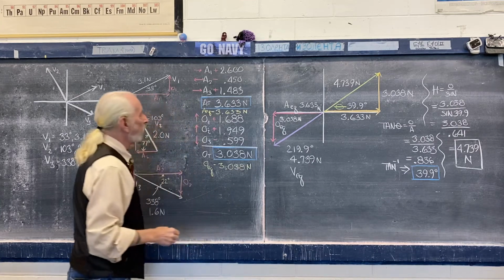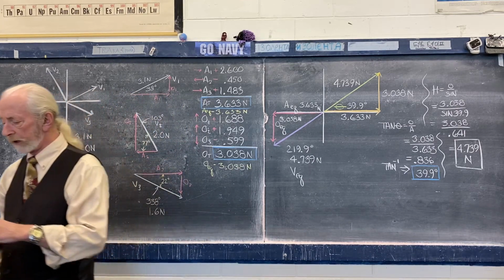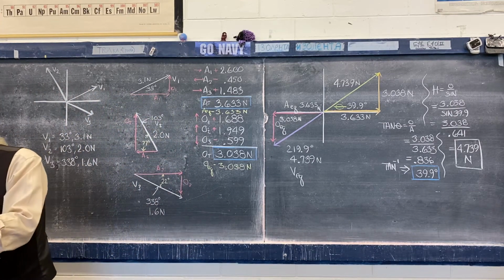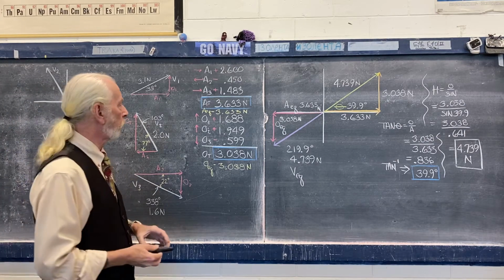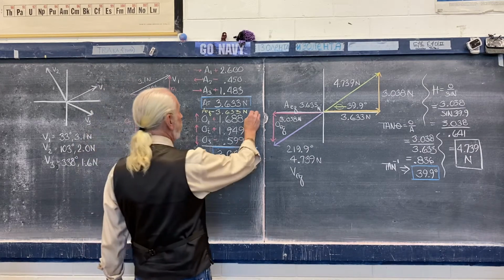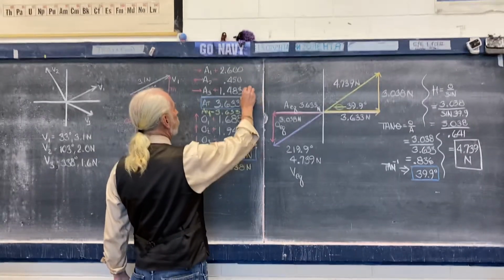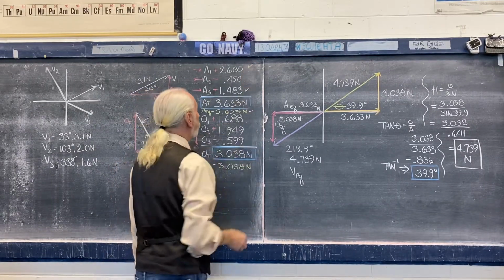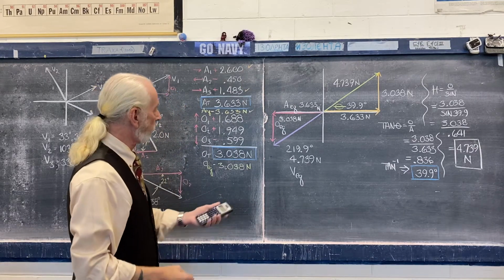Now, what I want you to do at this point is grab your calculators, because I'm going to show you something here. The first thing I want you to do is add up this guy and this guy. Go ahead and add them up, and I'll do it along with you.